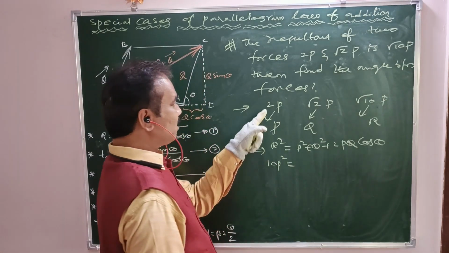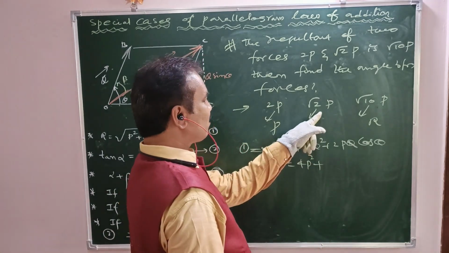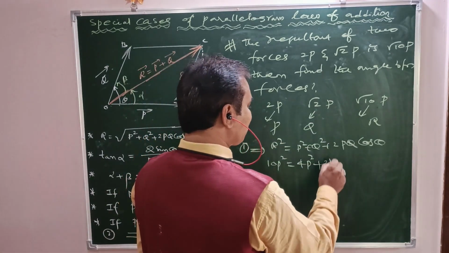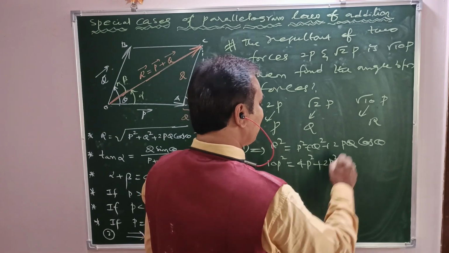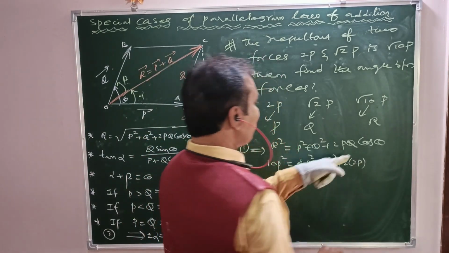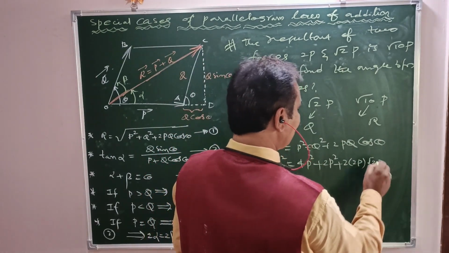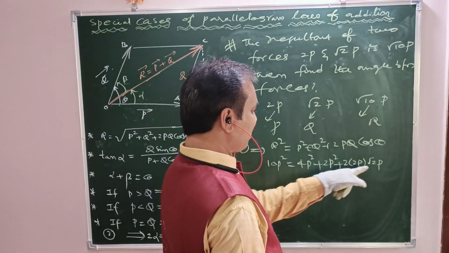P square means 2P whole square, that is 4P square, plus Q square means root 2P whole square, that is 2P square, plus 2 into P means 2P, Q means root 2P, cos theta.